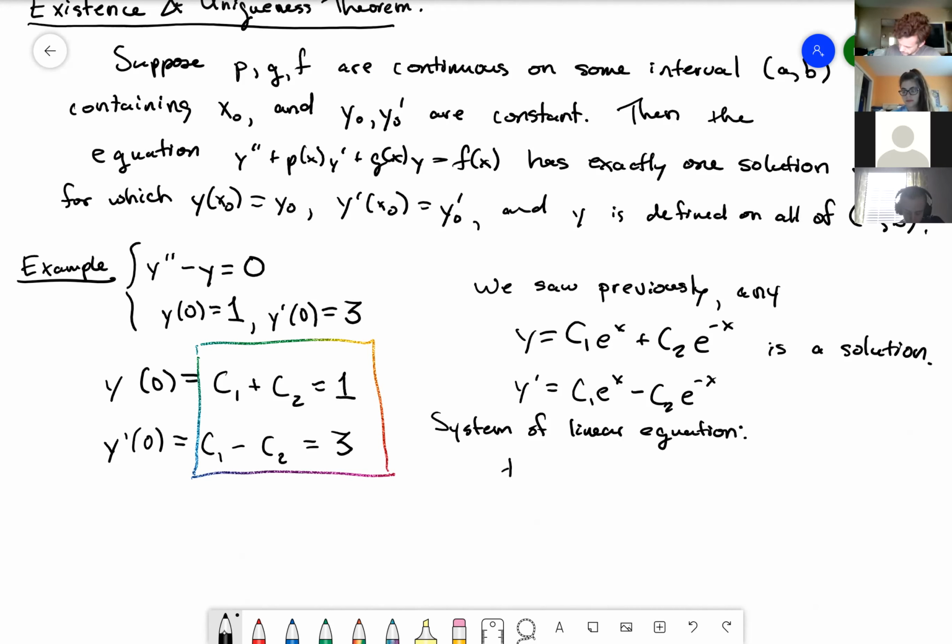We have two equations, and we have two variables.